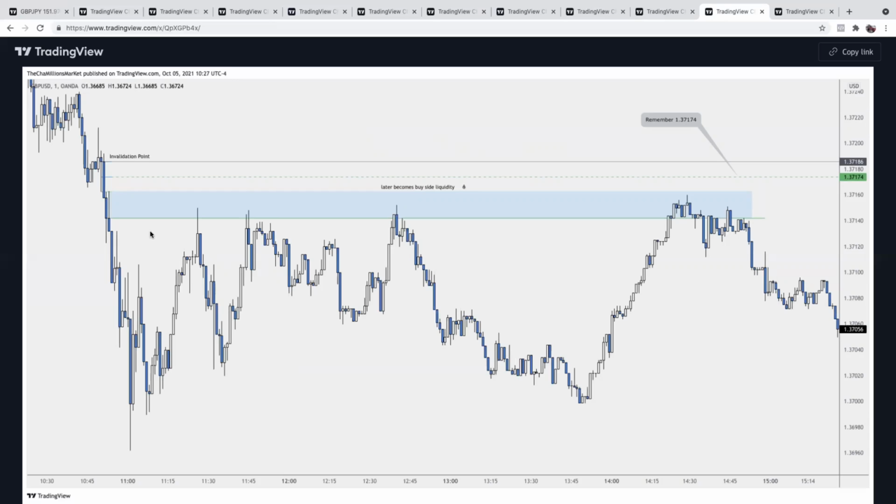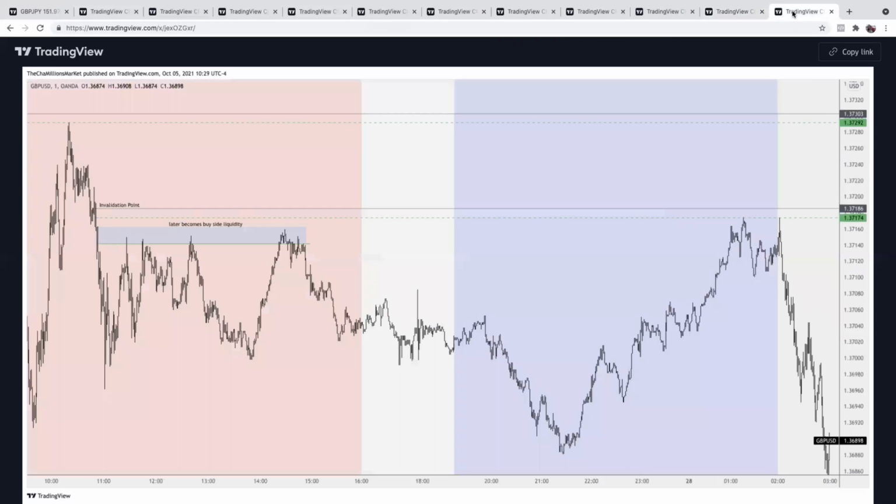You would just have, like we said, an invalidation point, and in this entire area, you would just wait and see how price responds. So if we continue over, just remember this 1.37. If we continue over, and it's going to be the very last slide to wrap it up, you'll see how price literally comes back, takes this buy side liquidity, and taps right over that 50% and trades off.